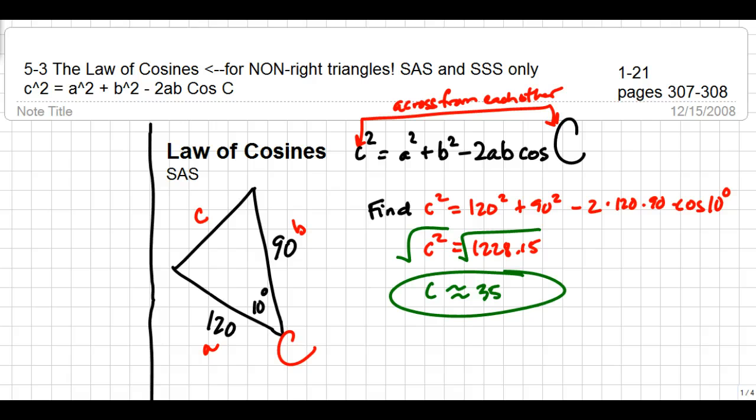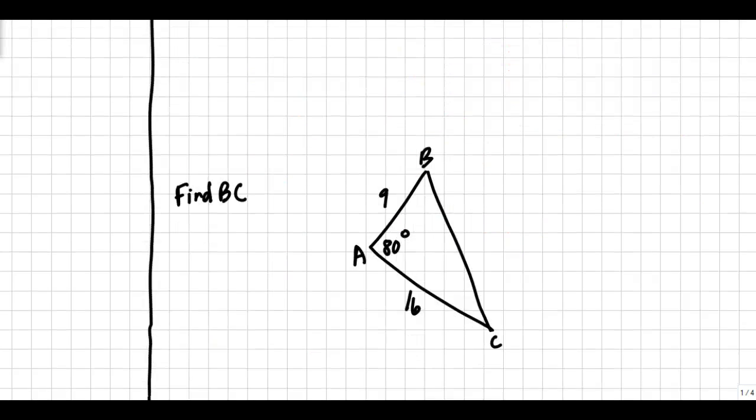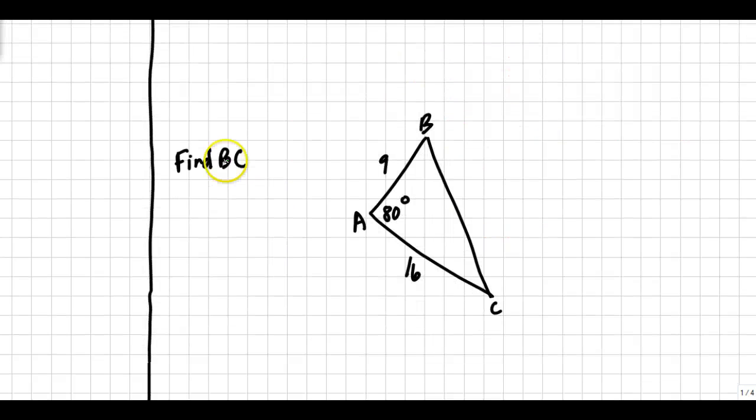I want to point out one other thing before we move on to the SSS setup. On this question here, they ask us to find side BC, which would be this side over here. According to how we would normally label this, however, the little a side would actually be over here. So you have two options for how you can set this up.